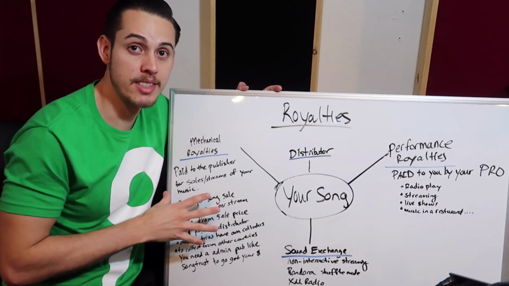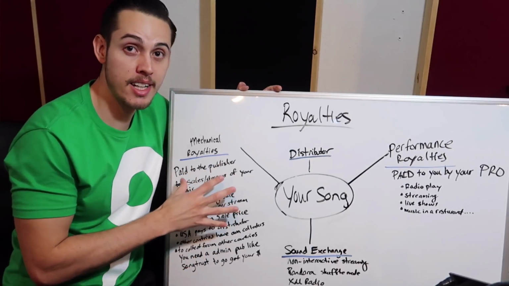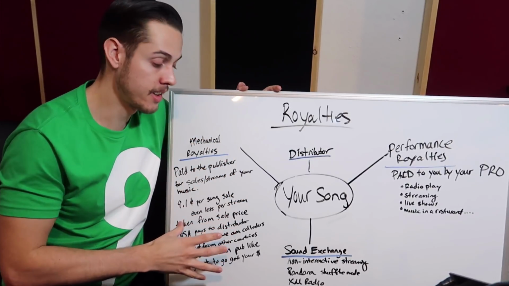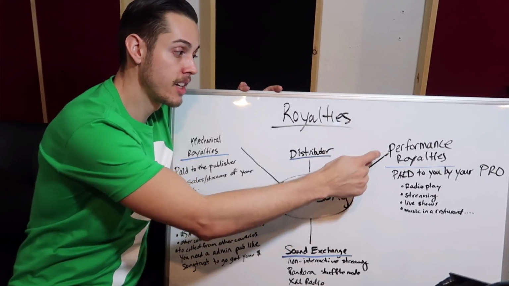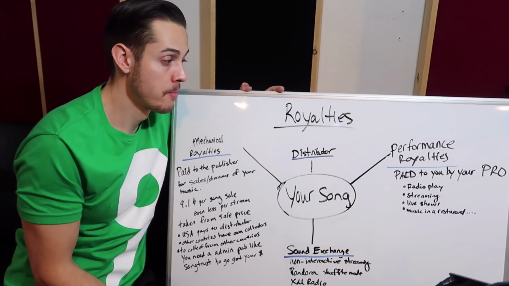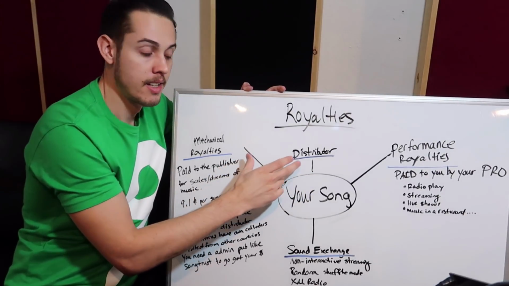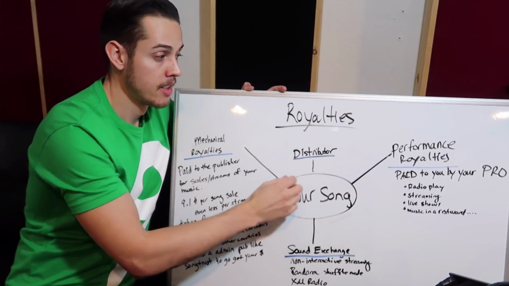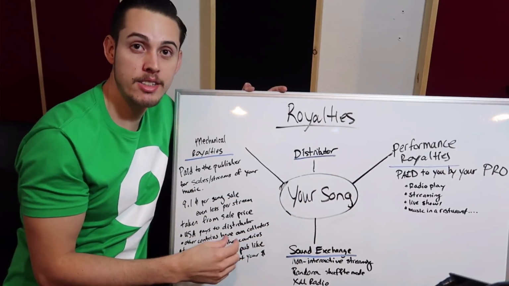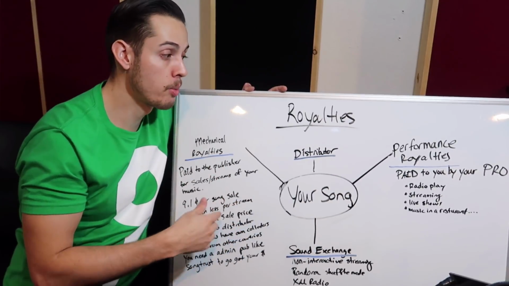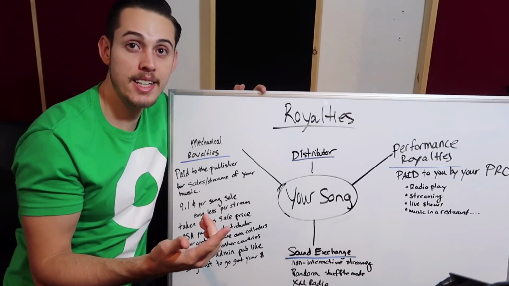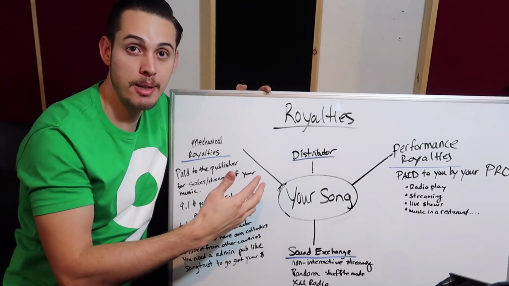That's mechanical royalties, broken down by how you collect them and where they're held and everything like that. Now let's look at the other side of it, which is performance royalties. Performance royalties are separate from mechanical and distribution money. They are paid to you by your PRO, your performance rights organization, something like BMI or ASCAP.